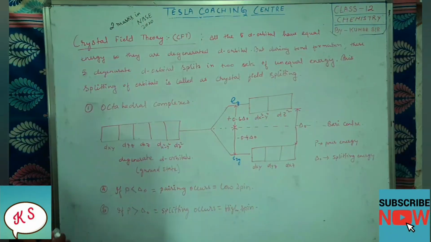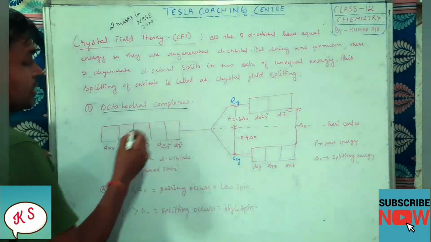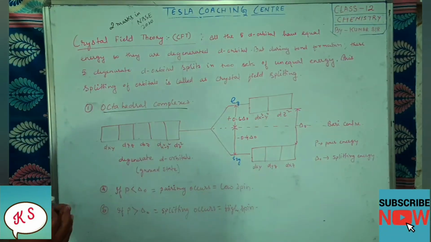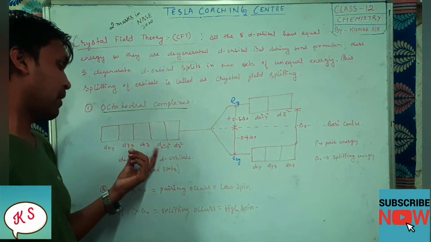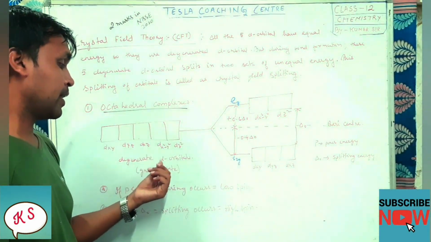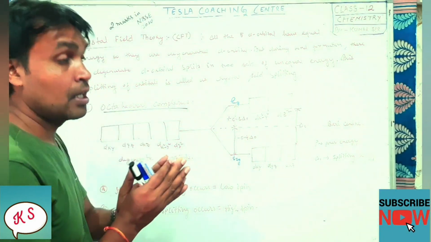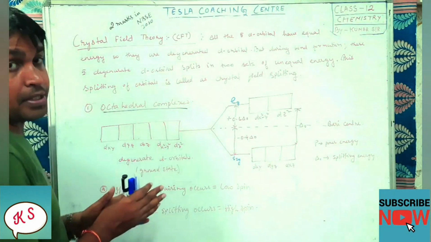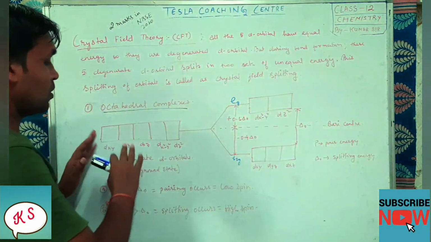Now we have taken one example of octahedral complexes. How will be the splitting in an octahedral complex? We have degenerate d orbitals in the ground state, which means they all have the same energy in the normal state.